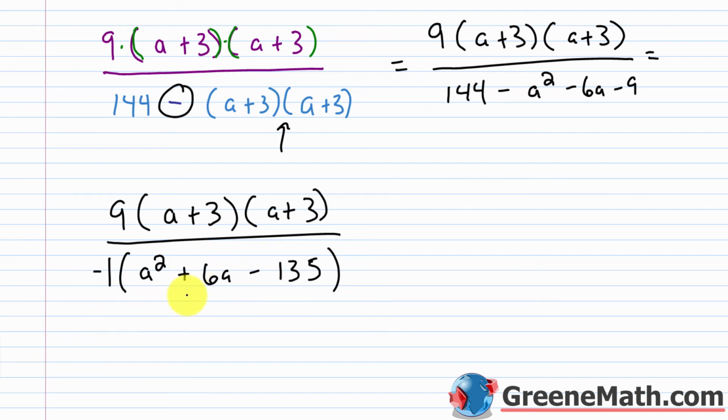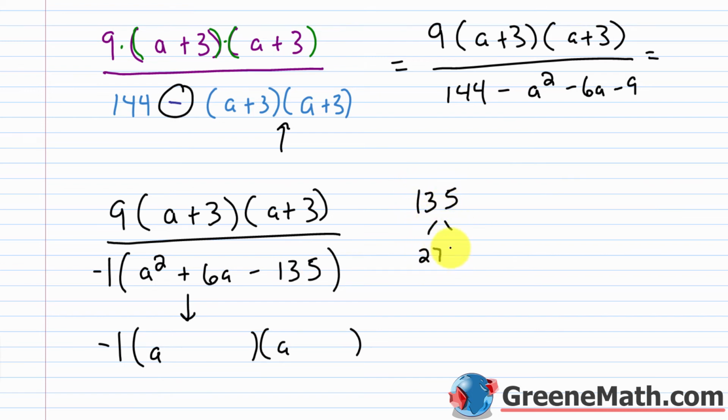So now it's very easy for me to factor this because I have a leading coefficient on a squared that's positive 1, and that's what we're used to. And so give me two integers whose sum is positive 6 and whose product is negative 135. So if I think about 135, pretty easy.